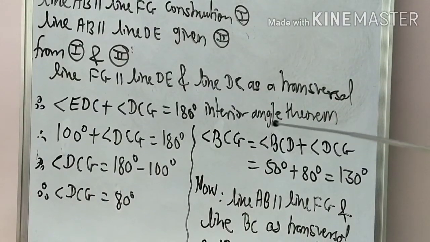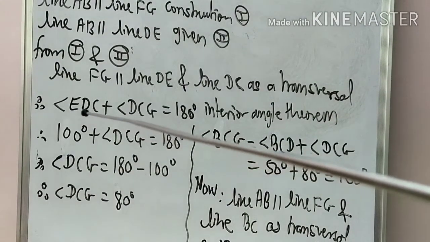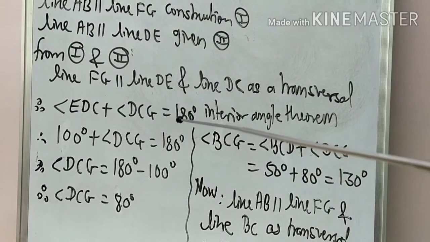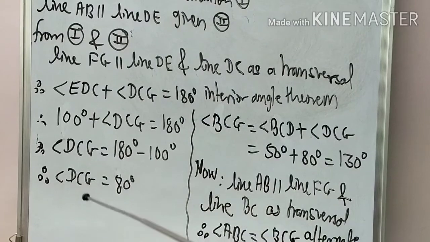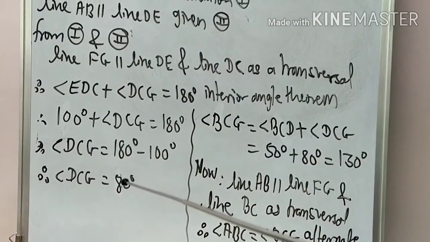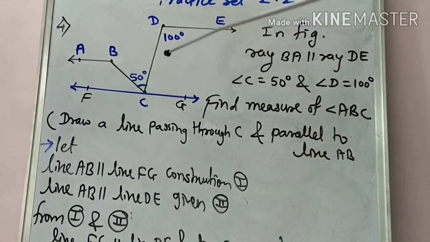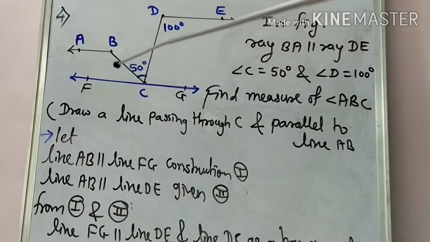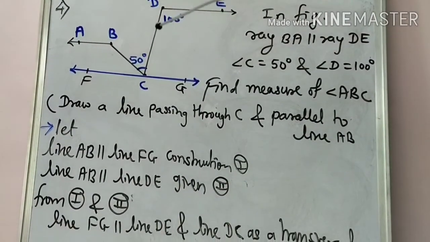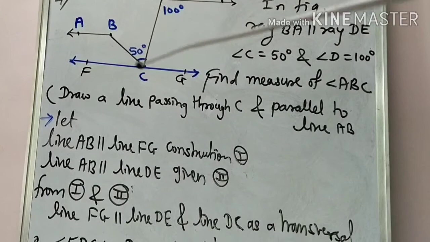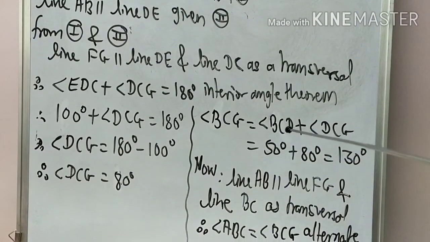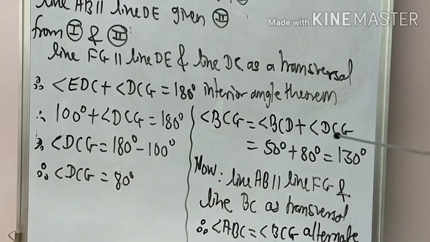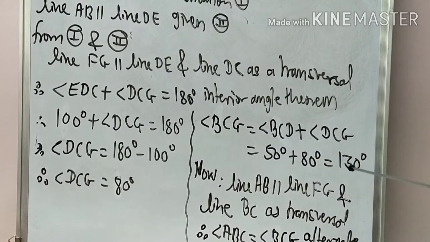So according to the interior angle theorem, those angles are supplementary, so taking the addition as 180 degrees, we get that angle DCG is 80 degrees. Then we add BCD and DCG, so angle BCG is formed. So angle BCG equals angle BCD plus angle DCG, so 50 plus 80 is 130 degrees.